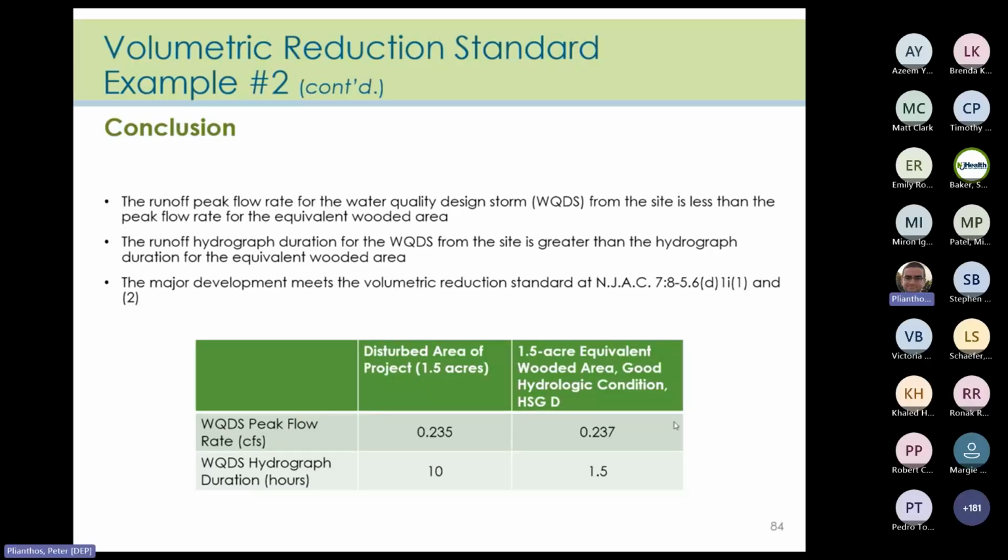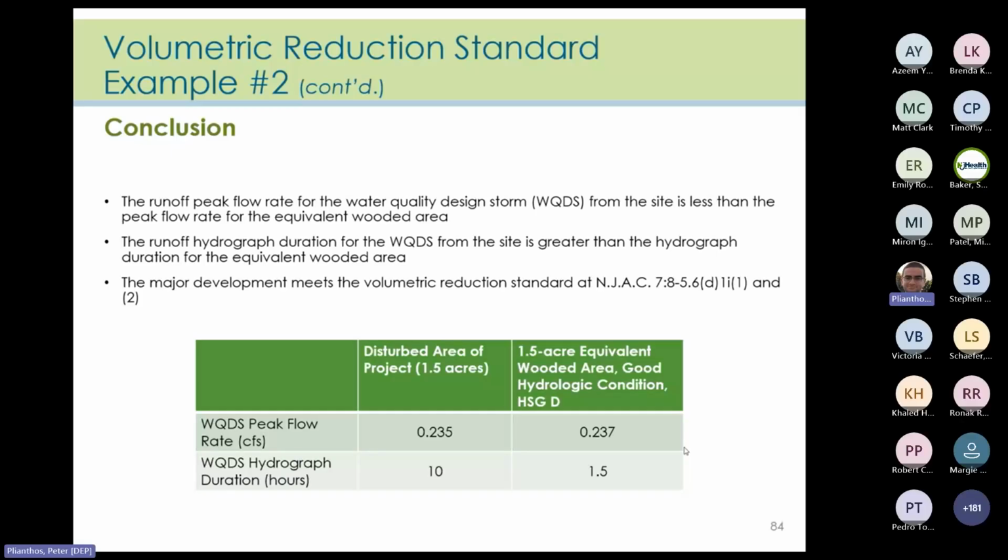With the runoff peak flow rate and runoff hydrograph duration determined for the disturbed area of the project and the equivalent wooded area, they may now be compared to see if the standard is met. As shown in the table, the runoff peak flow rate for the water quality design storm for the site is less than the peak flow rate for the equivalent wooded area.